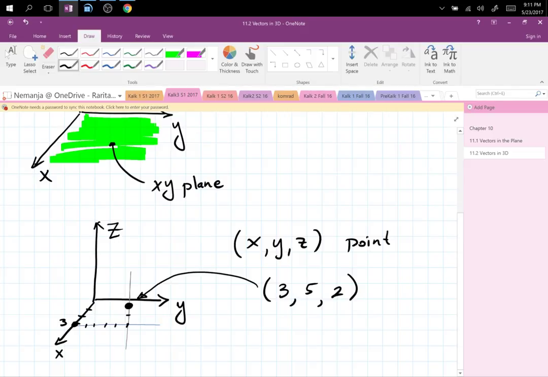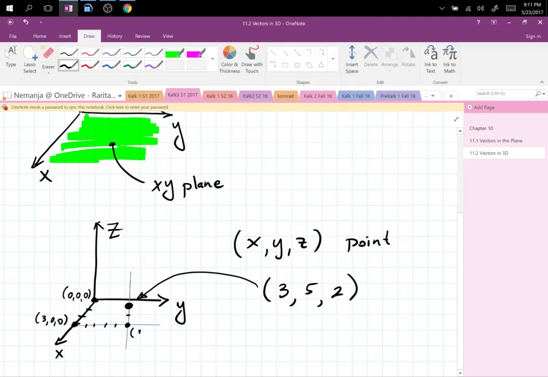Now, looking at this picture, it looks like the point is in the xy plane. It isn't. This point here is in the xy plane. So when you look at how this point evolved, you start from the origin 0, 0, 0. You get to 3, 0, 0, which is on the x-axis.